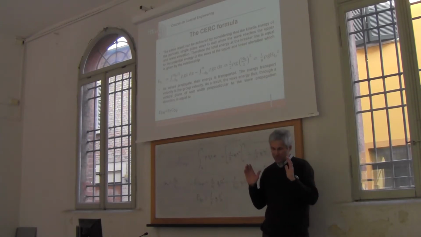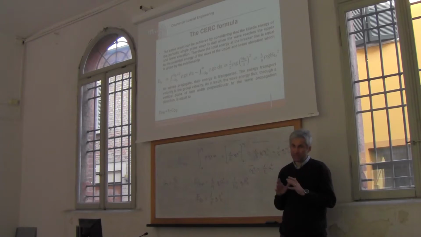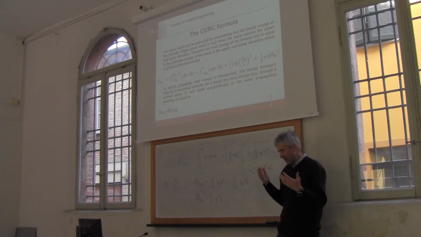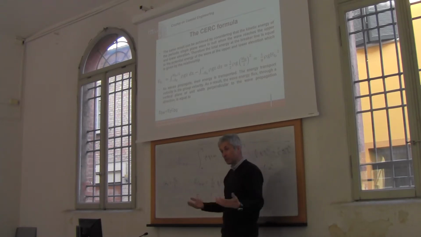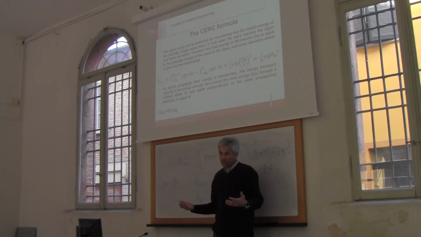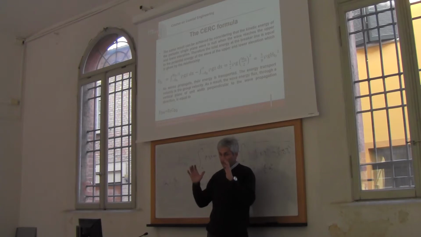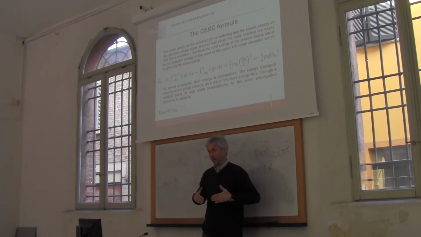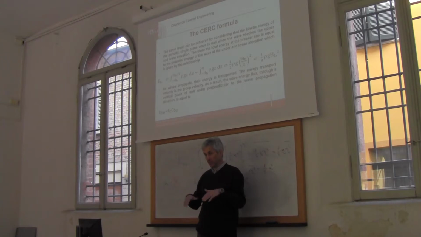Now, what I actually want to compute is the energy at the breaker line, and I'm not really interested in energy per unit area. If I imagine staying on the breaker line, on the top of the wave, over the breaker line. You understand what the breaker line is.